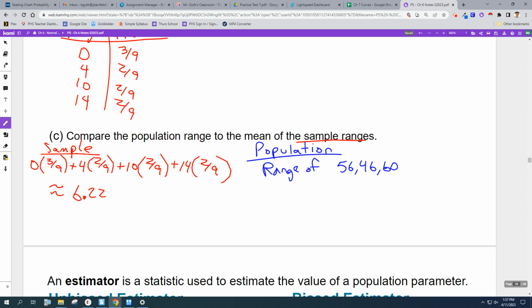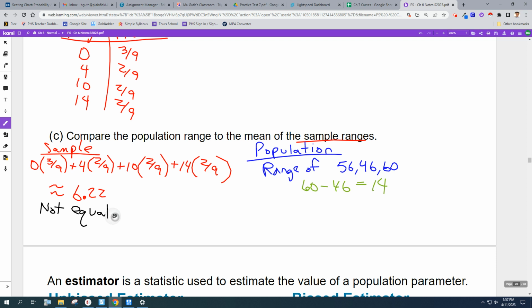So just look at those three numbers. So your population range is big minus small, which is 14. That's it for your population range. Obviously, those two numbers are not equal.